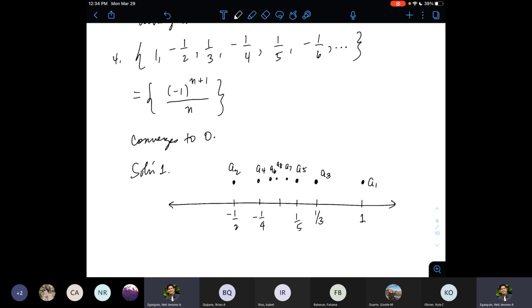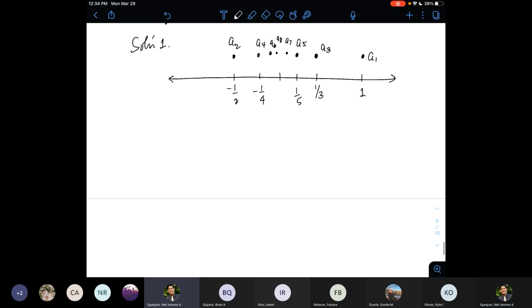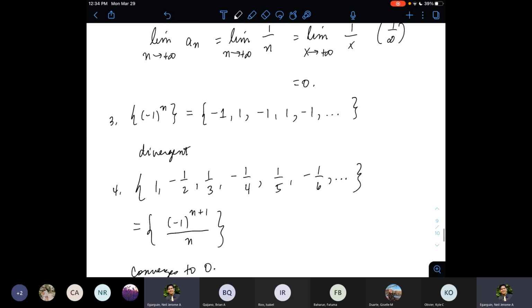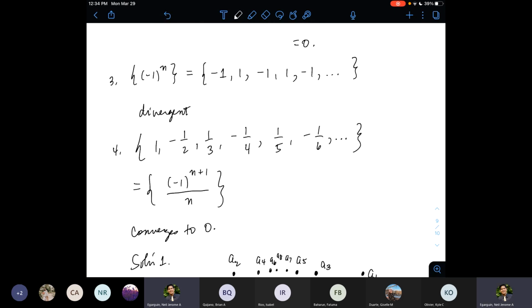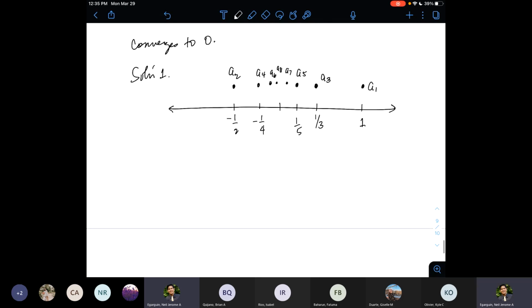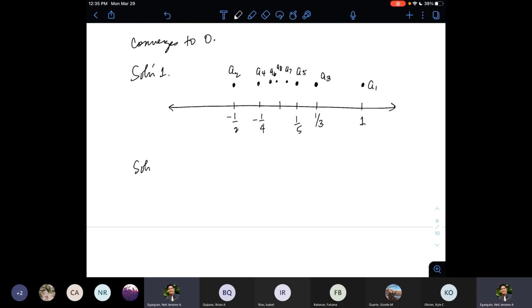Good. All right. It is not automatic that if you have an alternating sign that it is automatically divergent, right? There are some alternating sequences that converge.